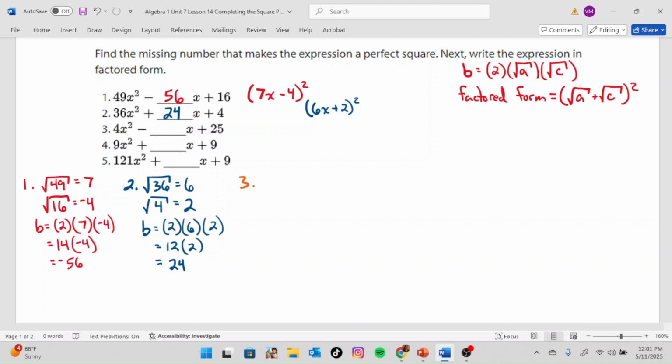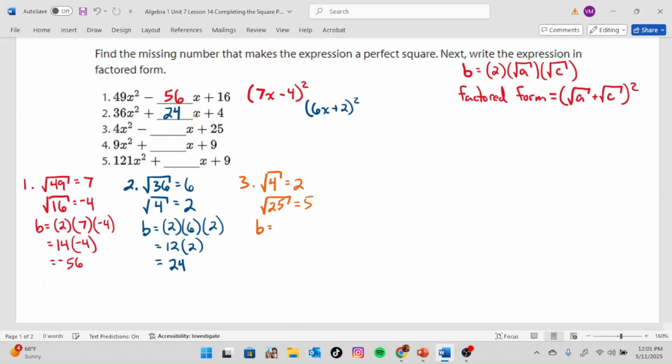Number 3. The ax term is 4x squared. So the square root of 4 is 2. The c term is 25. So the square root of 25 is 5.